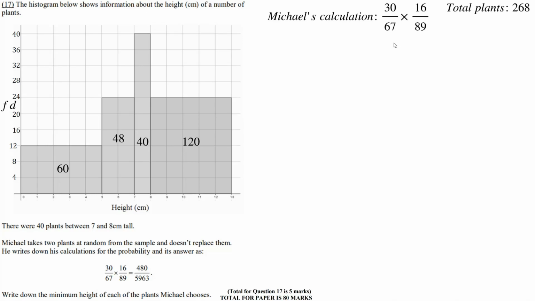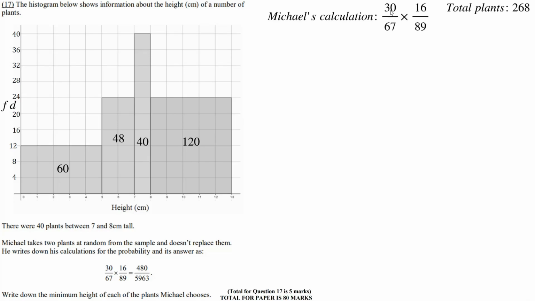If you're taking a plant out of 268, then the denominator is going to be 268. But here it's actually 67. So how has Michael gone from 268 to 67? Well, he must have divided by 4. You can think of it as 67 times x, whatever factor he's changed it by, equals 268. Then do 268 over 67, which is 4.